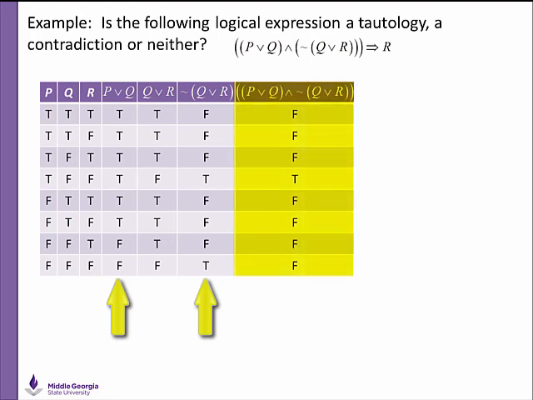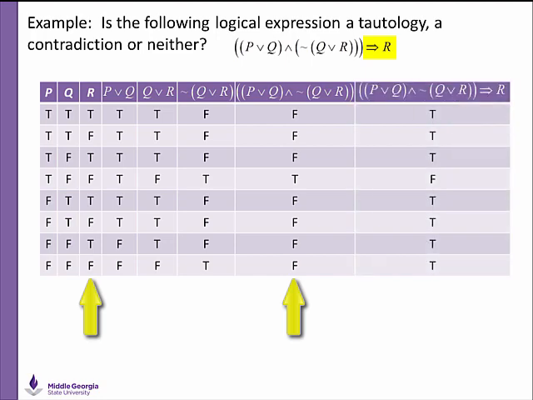It's false otherwise. Now, does that whole thing imply R? Well, except in one case, we start with a false, and that's always true. But if you look in the 4th row, we have true implies the value for R, which is false, and that's false.